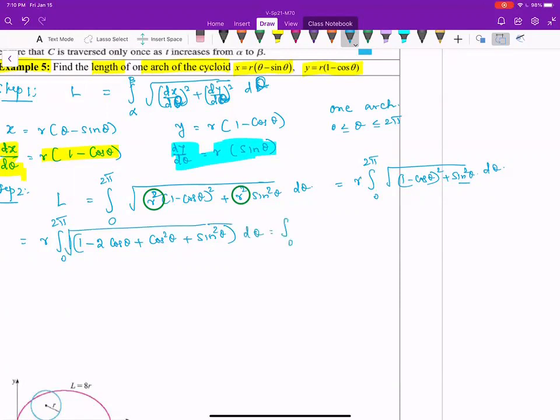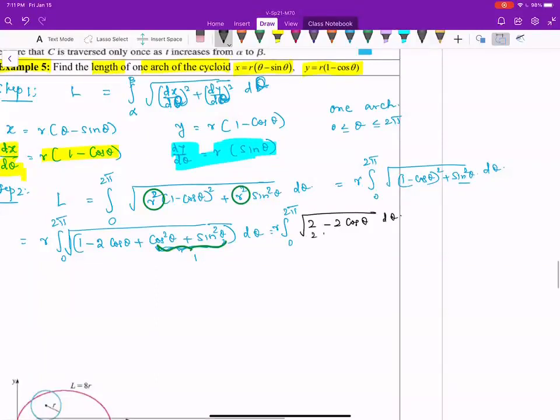This is the integral 0 to 2 pi with r outside. Then you can use Pythagorean identities. This part, sine squared plus cosine squared, is equal to 1, so you have 1 plus 1 added, which becomes 2. So 2 minus 2 cosine theta, square root of that, d theta.